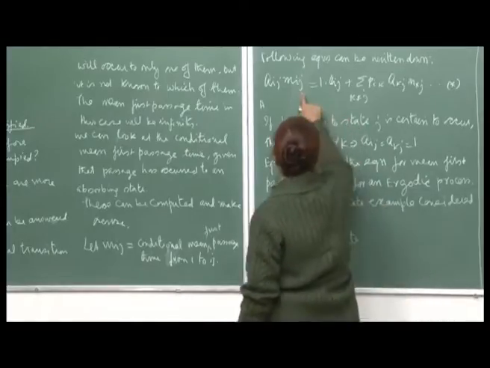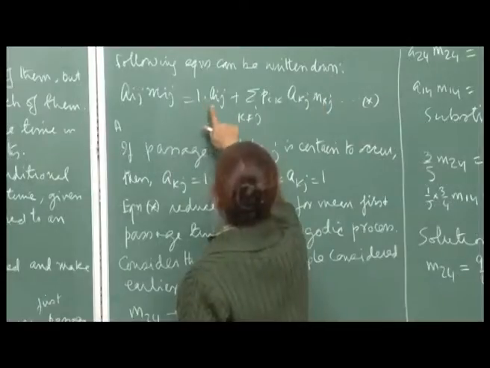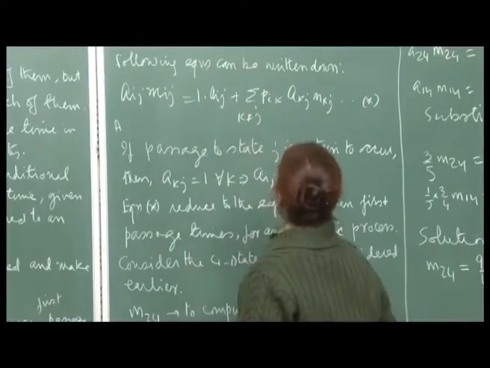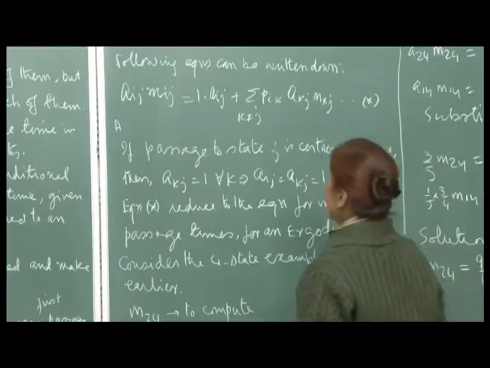So, this can occur either in one step, so 1 into a_ij, and then you may not transition to j right away.